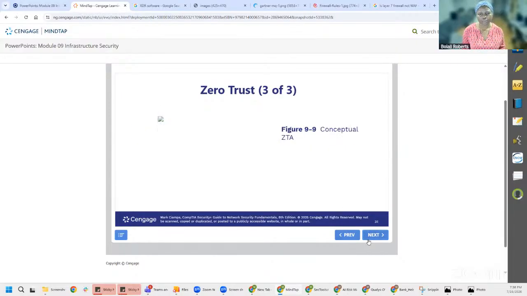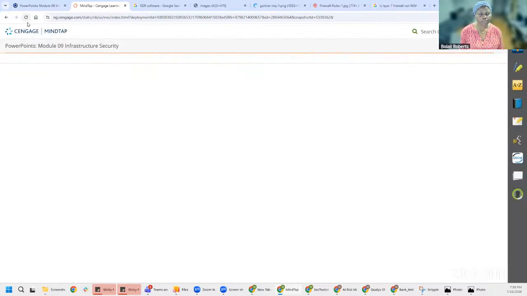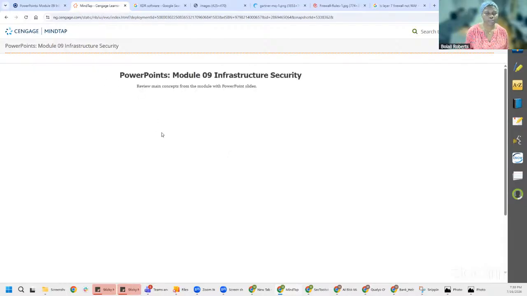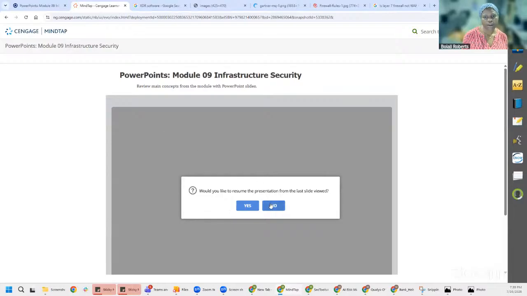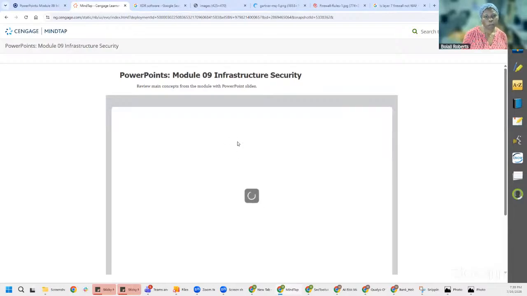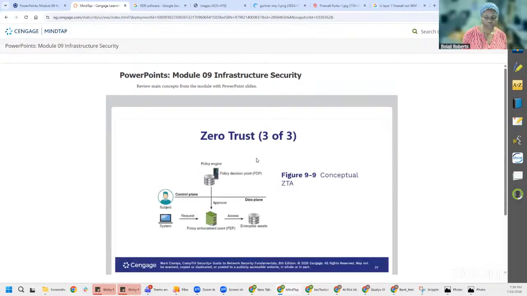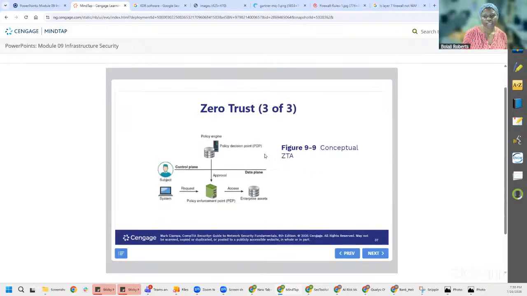So let me show you this. So this is the concept of the zero trust architecture.